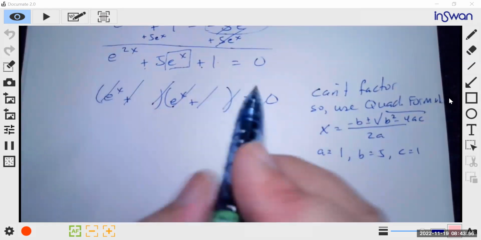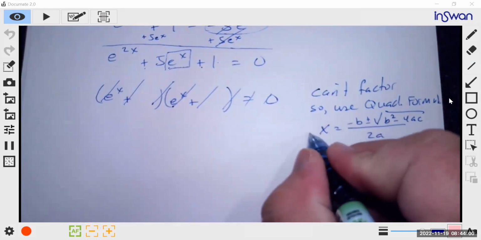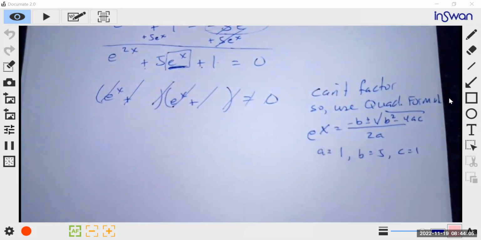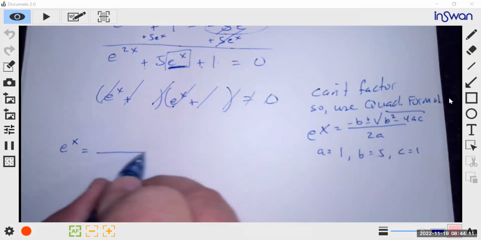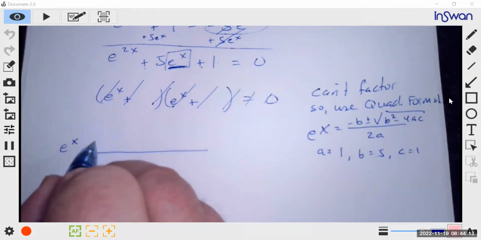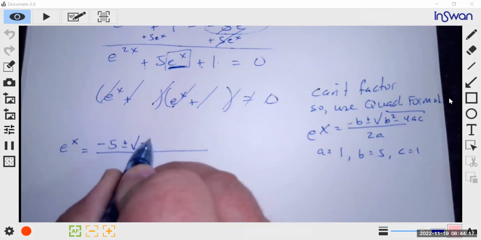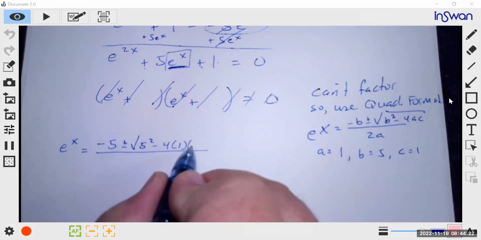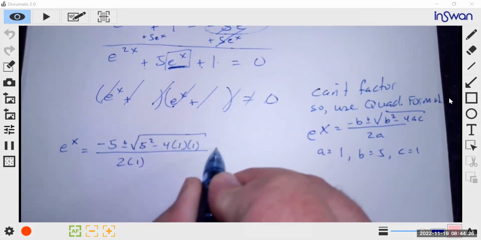It's the coefficients. Since we're solving for e to the power x, this is what we're solving for, because you're always solving for that middle term. So e to the power x is equal to -b, so it's -5 plus or minus 5 squared minus 4 times 1 times 1, over 2 times 1.